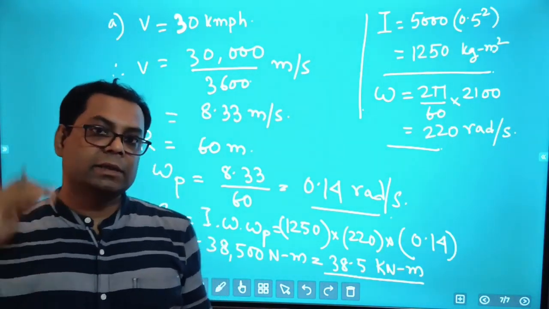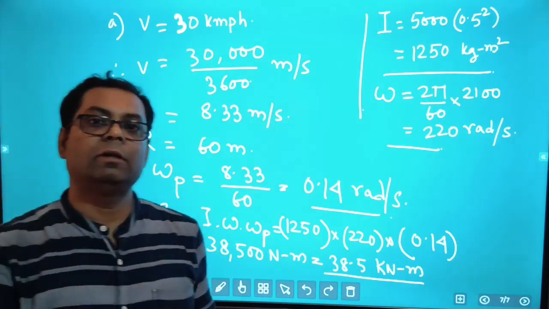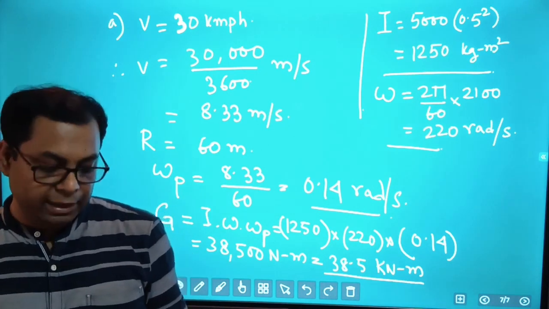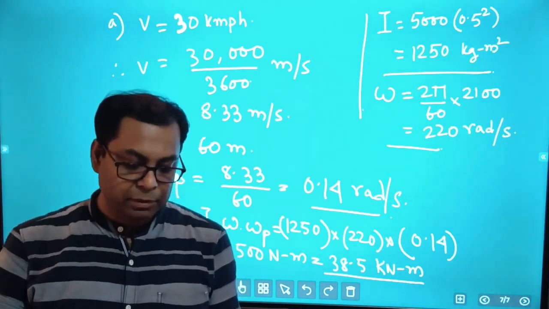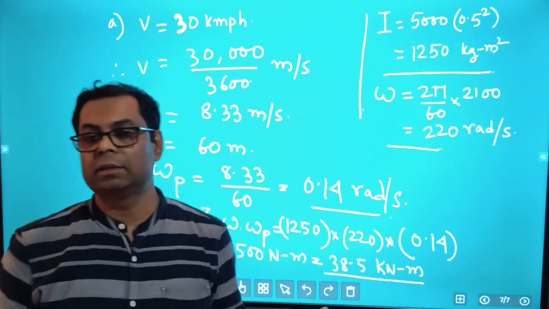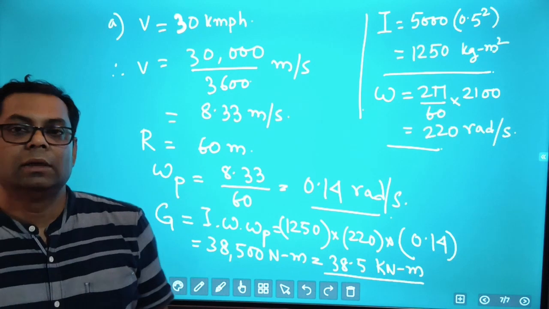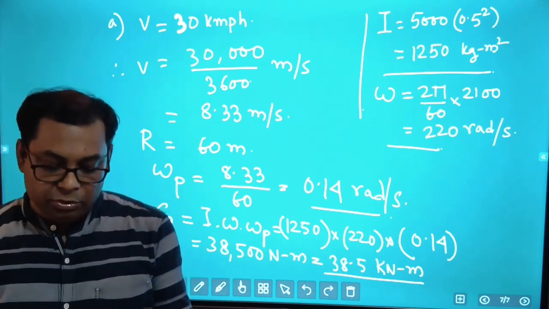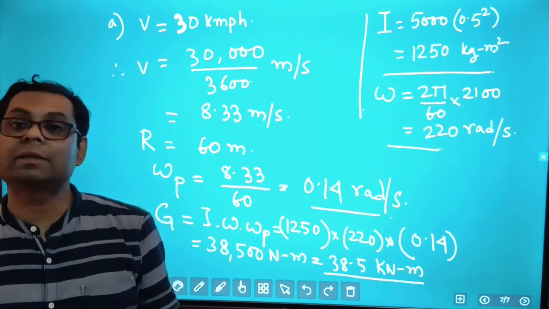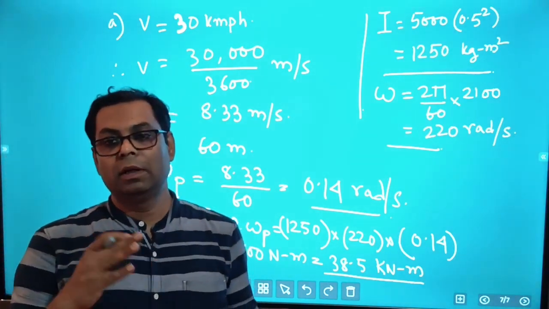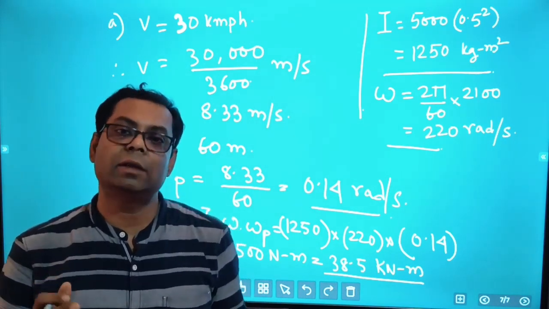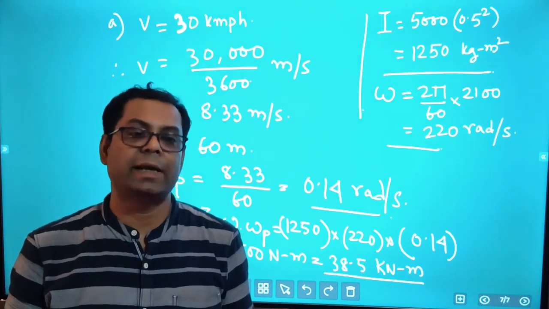Now, the main important criterion for this problem is that you have to explain, while the ship is taking a certain type of motion, for example here it is steering to the left hand direction, what is the nature or tendency of the bow, whether the bow is falling or rising.